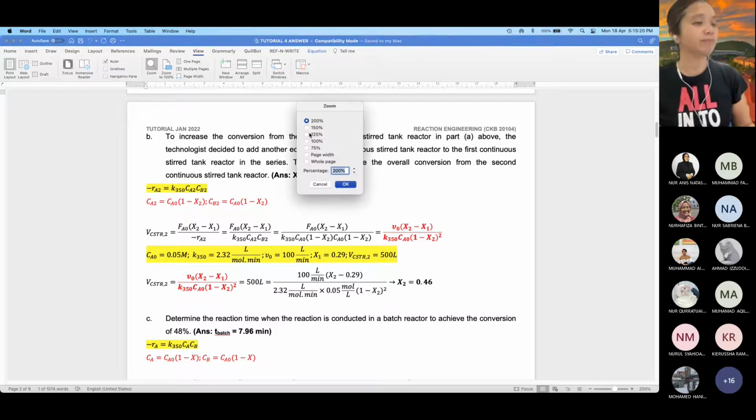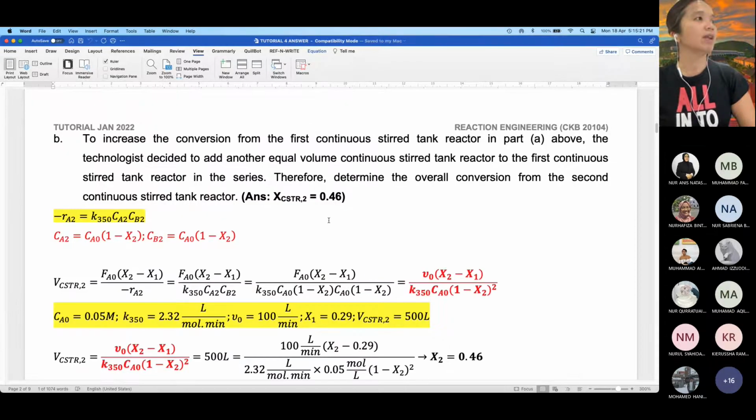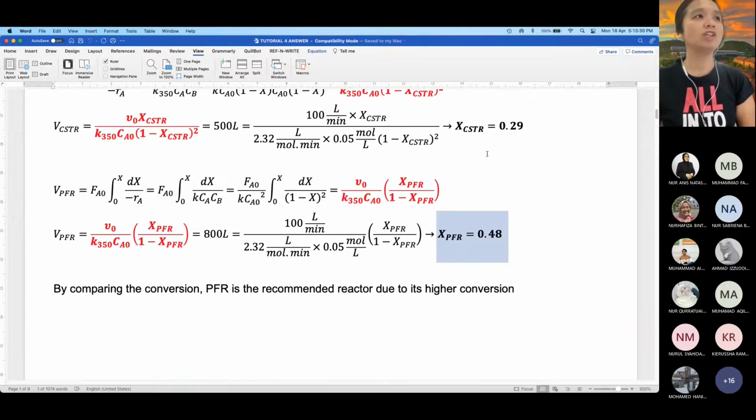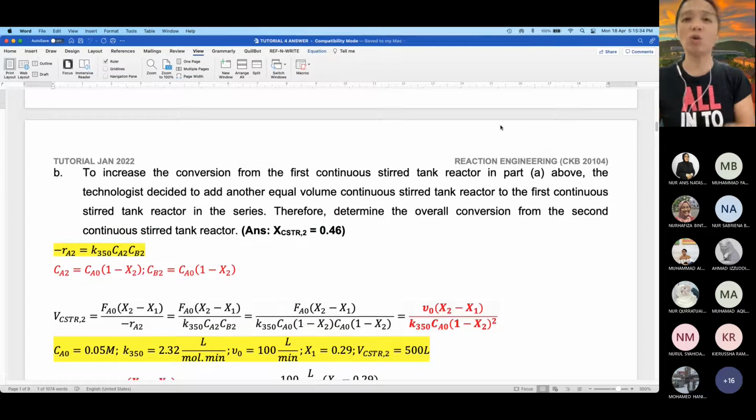Okay, so hold on. Kalau tengok soalan tu penting kan? So apa sebenarnya soalan tu nak? So soalan tu kata, part A tadi kita dah guna CSTR. Okay, you realize from part A, the conversion is only 0.29, 29%. So you know, right, 29% is quite low. So what they do is, they connect another CSTR to the first CSTR in part A. And then the second CSTR pun sama equal volume.